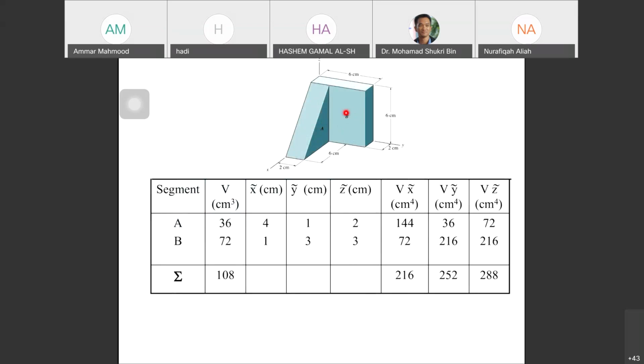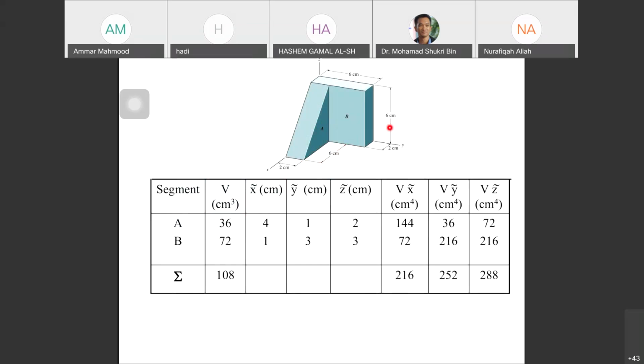So we have two parts, A and B. The volume for A is 36. 2 times 6 times 6 divided by 2, because it is a triangular shape, so you get 36. It's simple mathematics.